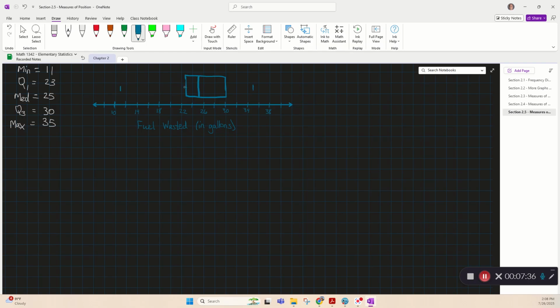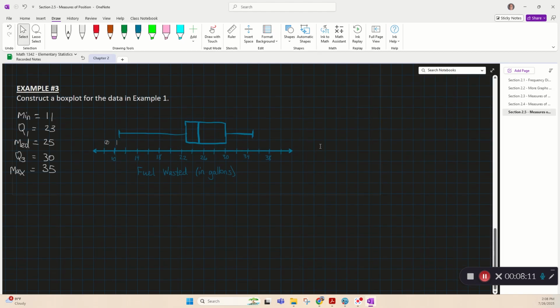And then the last step tells us to draw whiskers from the box out to the max and the min. Let's try that again. There we go. Okay. Now, there's our box plot.